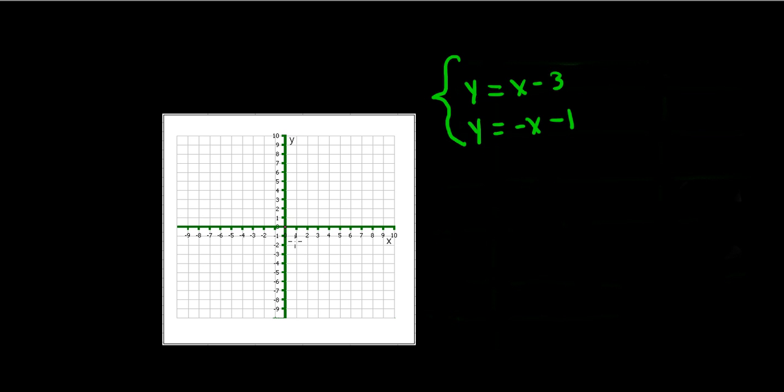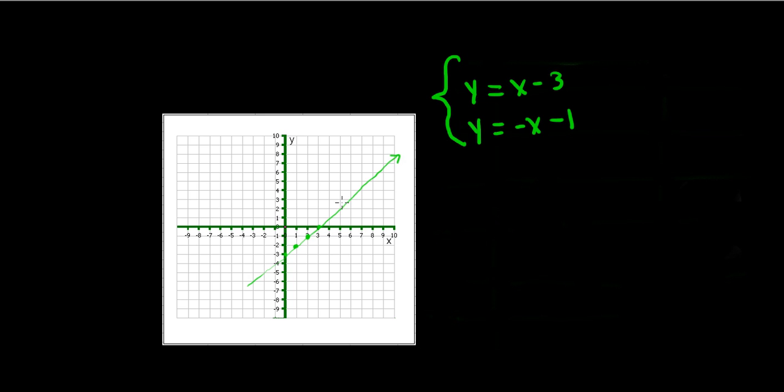We can go to negative 3 on the vertical axis. And now we're going to use the slope, which is 1 over 1. So 1 up, 1 to the right, 1 up, 1 to the right. We're going to keep doing that, create a couple points. Draw the line of the graph.